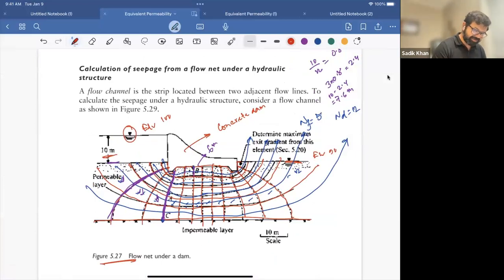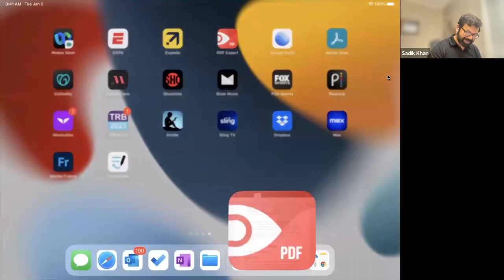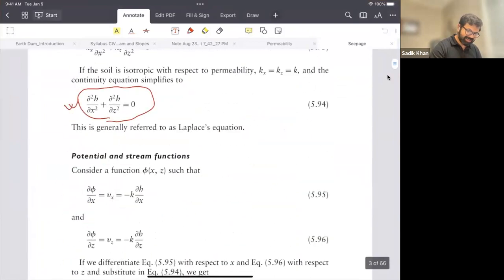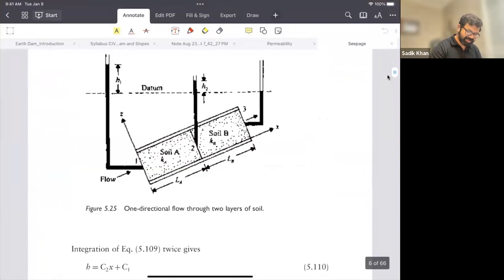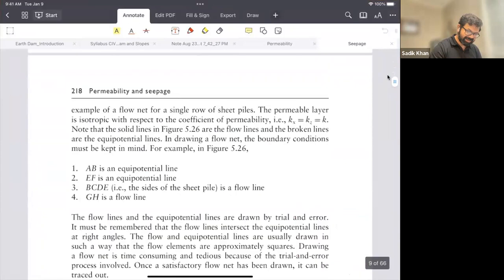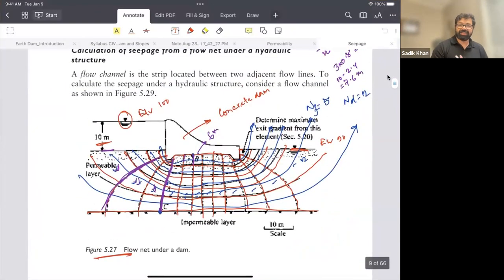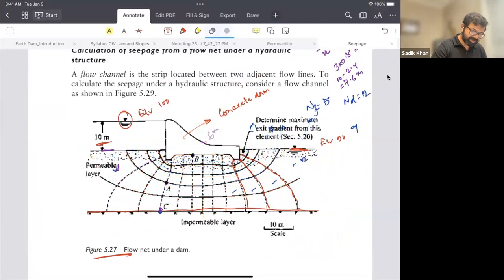We have our NF and ND. Oh, this is not drawn in this sheet. So that's why it's not working. Okay, let me try. I did it here. Yes. Okay. So this is how I did it in the last class. So let me erase it.